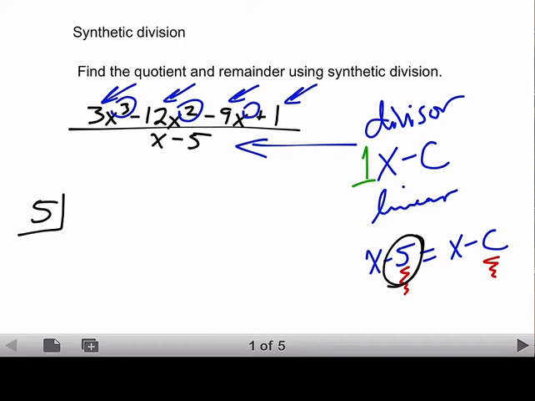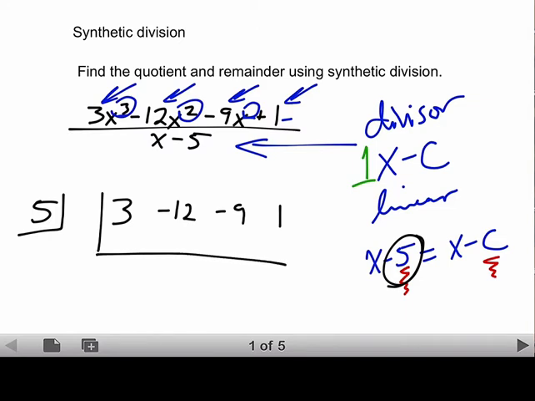And finally, we need to make sure that we aren't missing any exponents. That is, if this starts with 3, then we must have a 2 and a 1 and then a constant. And if we don't, we'll see how to deal with that. We're going to write these coefficients in order: 3, negative 12, negative 9, and 1. And if you want to see where this process comes from, there's another video about that, so you can look at that if you like.